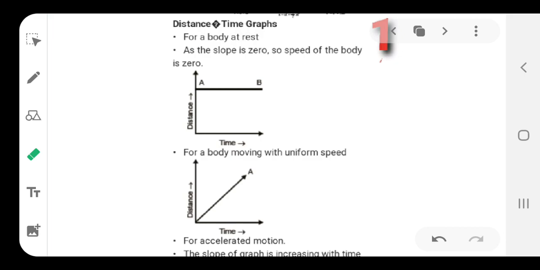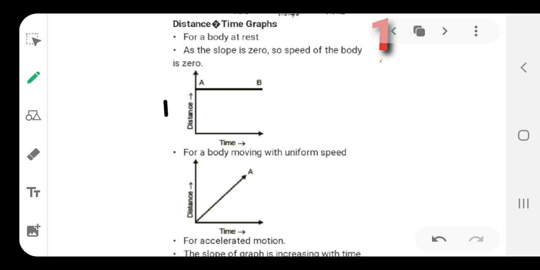Please view these graphs carefully and try to study what we are letting you know. First is the distance time graph. In the first case, that is this graph which has been shown to you, you can see the body is at rest.